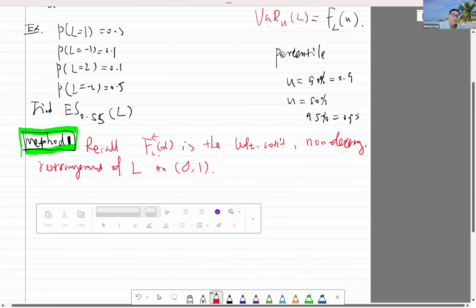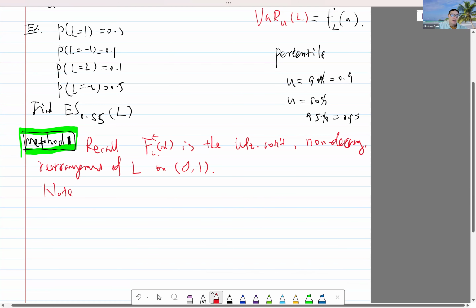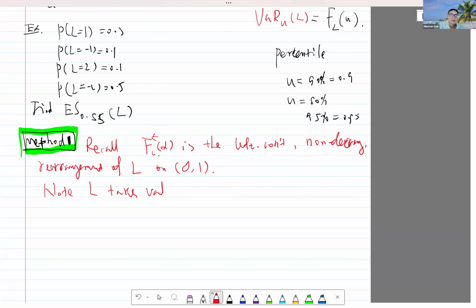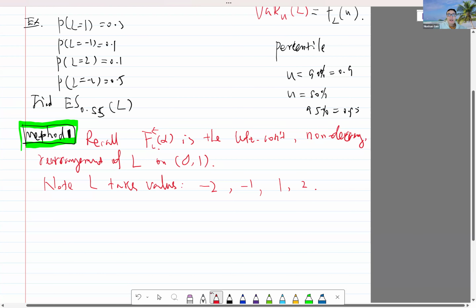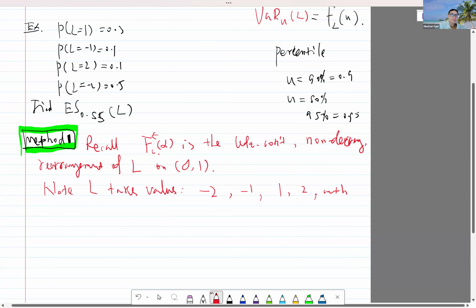Now note that L takes 4 values. Order them from the smallest to the largest: the smallest is -2, then -1, then 1, then 2, with their probabilities.